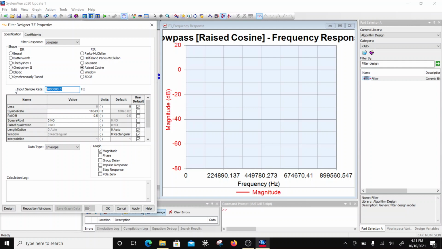Raised cosine filter, sample rate by 6, correct? Sample rate by 6, and here excess bandwidth, let's say, is 6%. Okay, and say square root, and that's fine. And here I say number of taps 129, rectangular, and interpolation factor is 5.